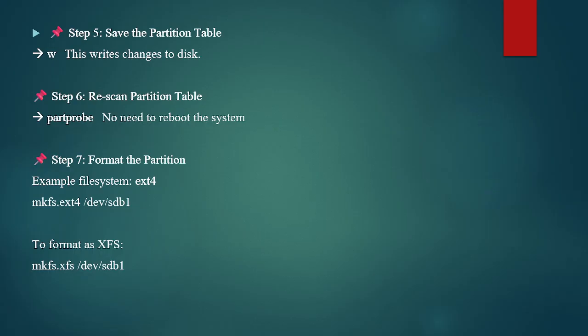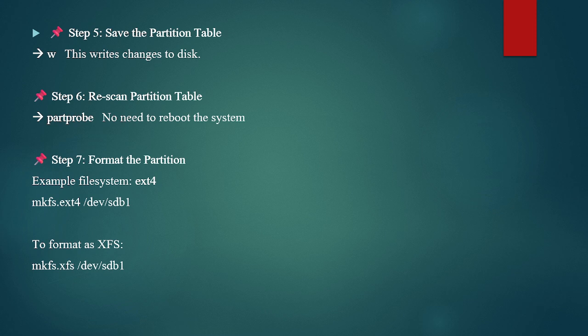Then rescan the partition table with the partprobe command. With this command, there is no need to reboot the system. Then format the partition. There are two types of file system we discussed earlier, ext4 and xfs.